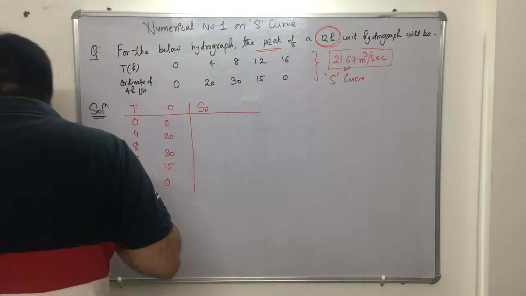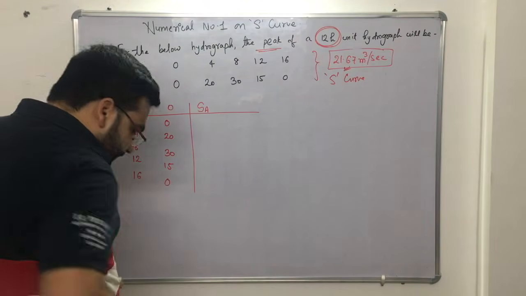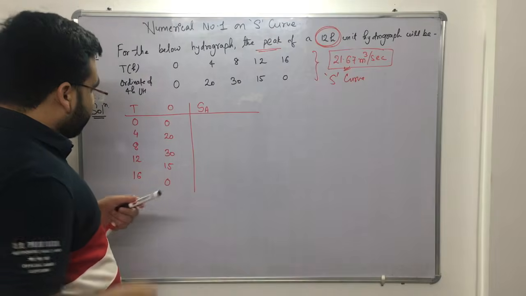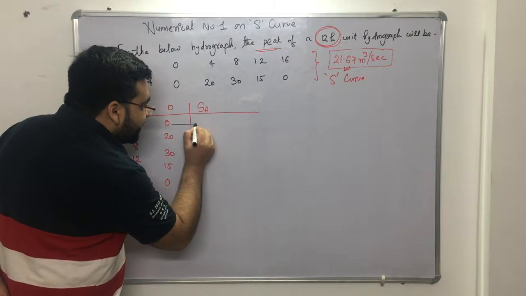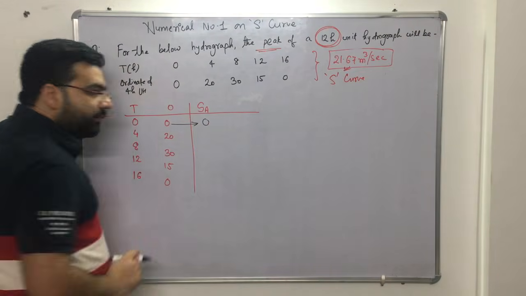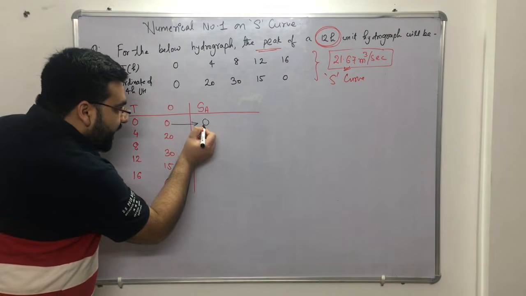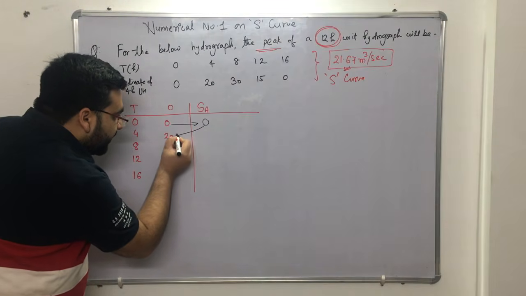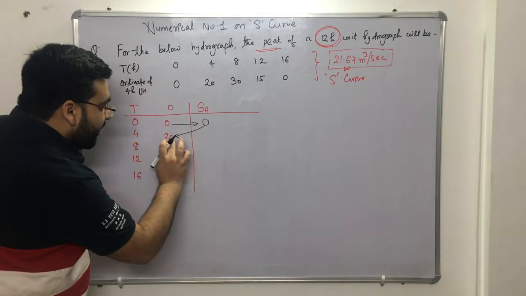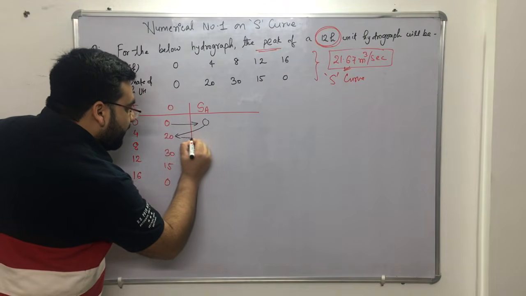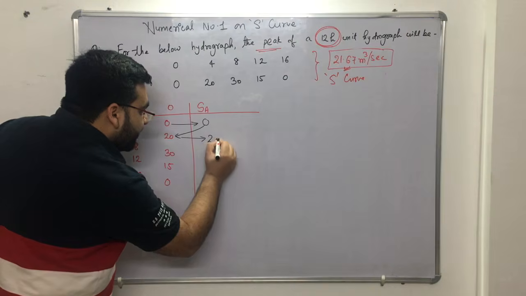If you remember, we had to write directly like this. This is 0. Now we take this to this point, so 4 plus 20 plus 0 will be equal to 20.